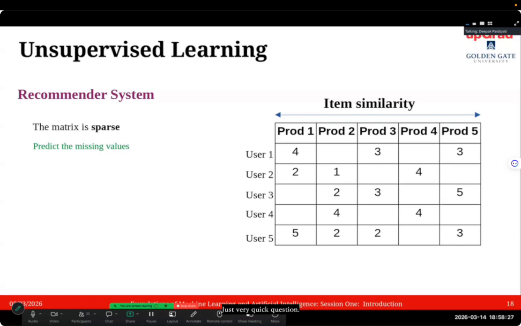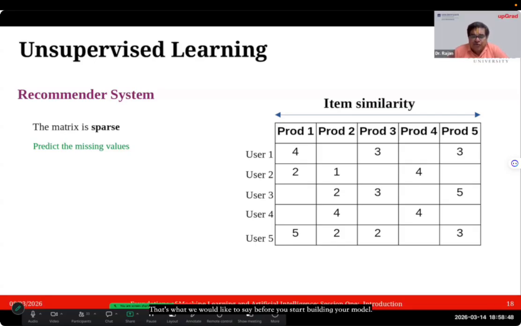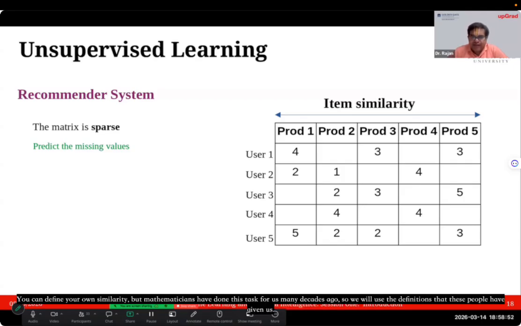Professor, just a very quick question. When you define something as similar, is it up to the person defining the requirement to say what similarities you're looking for, or is it left to the algorithm to come up with? Theoretically, that's what we would like to say. Before you start building your model, you can define your own similarity.